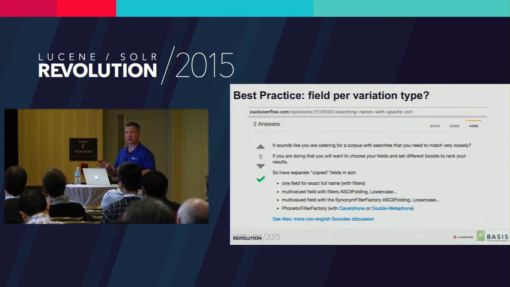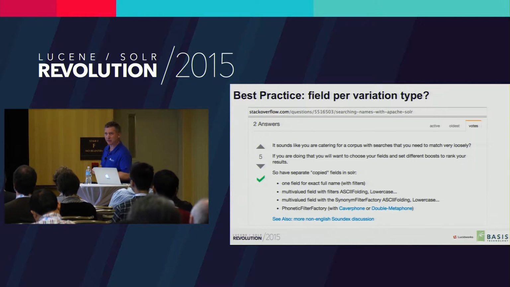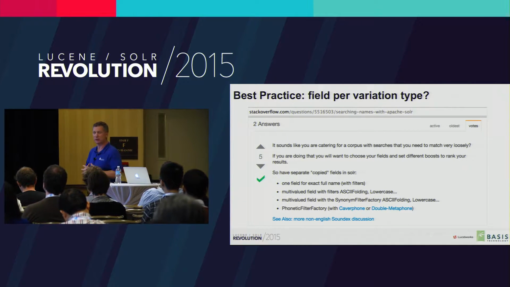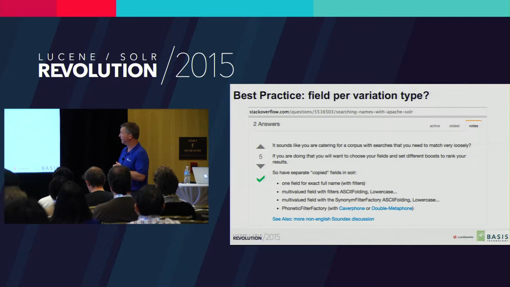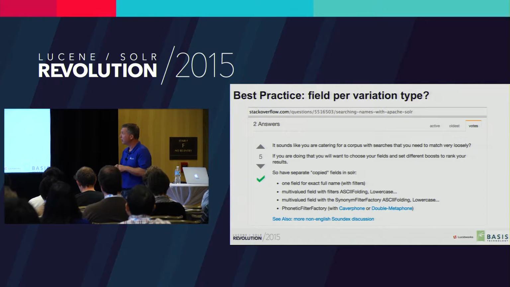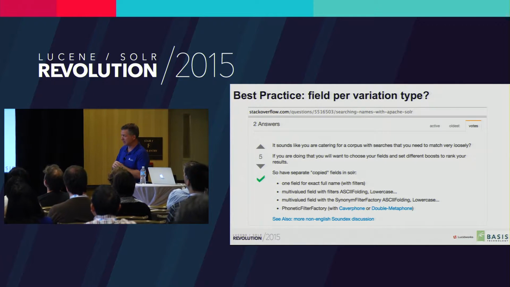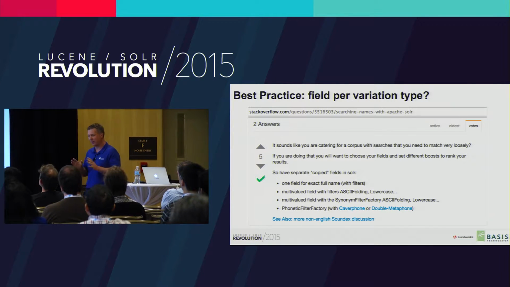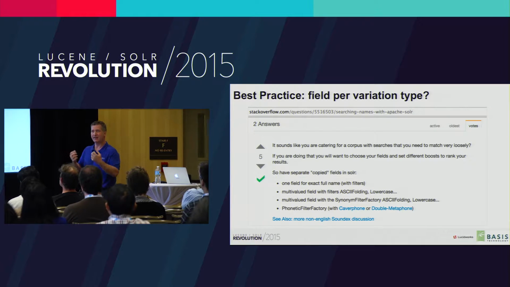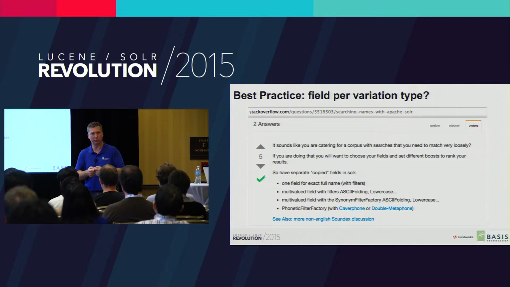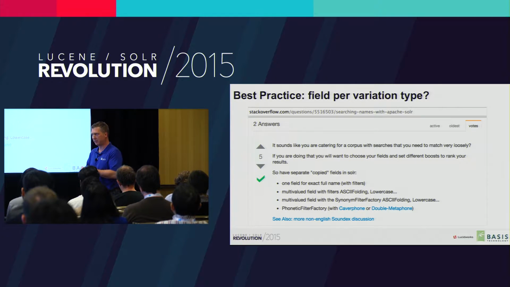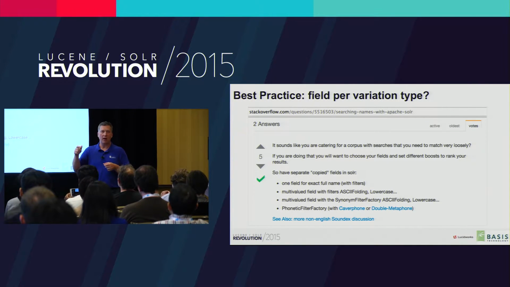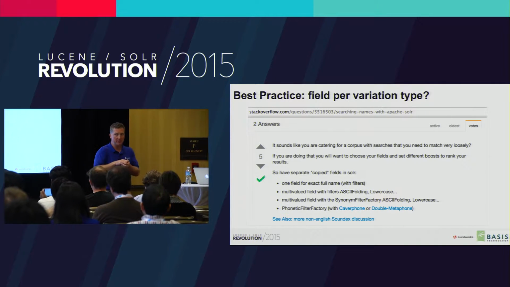So if you start doing some searching, there is quite a bit out there in terms of best practices. How do you address fuzzy name searching? This is a Stack Overflow article. I think it sums it up pretty well. The best practice recommended today is that you take the name that you want to search on, you create one field for each phenomenon you want to deal with, and you store that name again and again and again in those different fields. And those field types are storing the name in different ways.